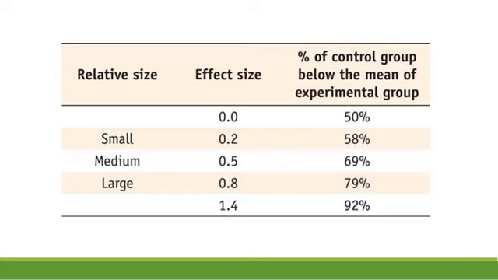This means that if the difference between the two group means is less than 0.2 standard deviations, the difference is negligible, even if it is statistically significant. It becomes more meaningful as the effect size increases.